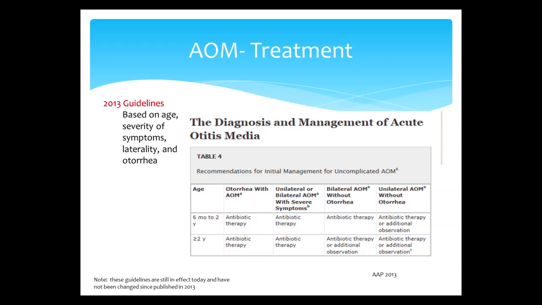So you can see if your child is 6 months to 2 years, you would use antibiotics pretty much throughout. If they're greater than 2 years, you have the option of additional observation if they don't have a discharge, if they don't have any otorrhea, both bilateral or unilateral.